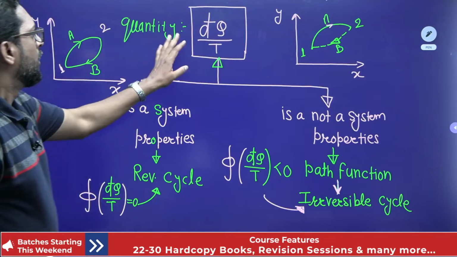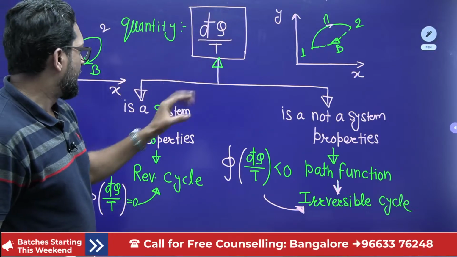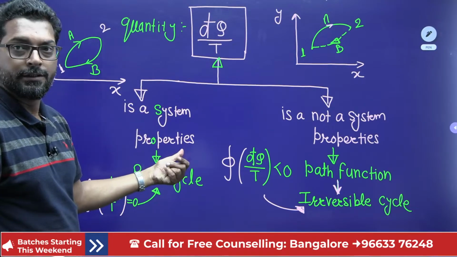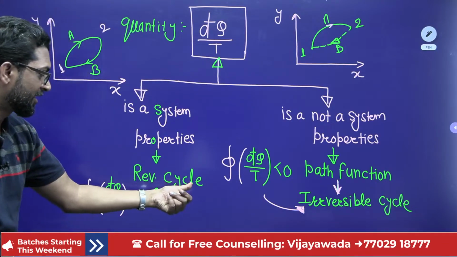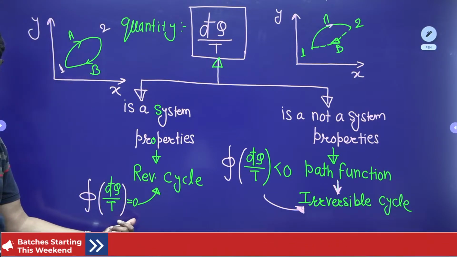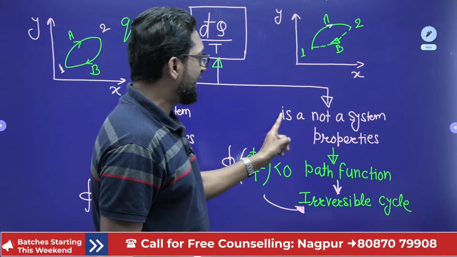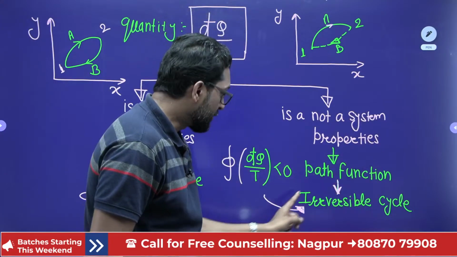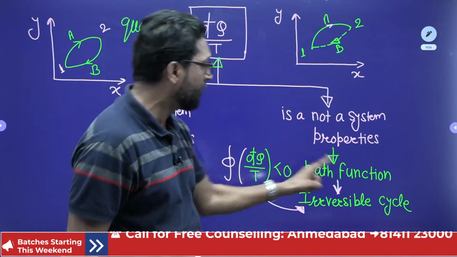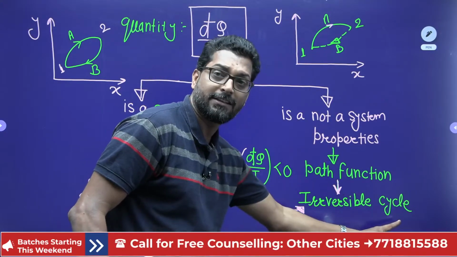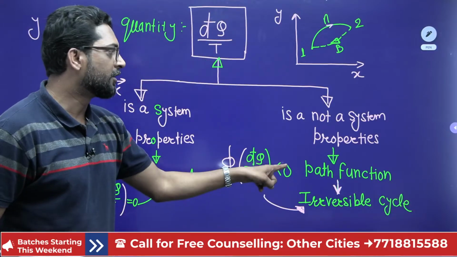Okay, now we'll discuss this quantity dq by T as a system property. dq by T is a system property when there is a reversible cycle. Why? Because cyclic integration is 0. dq by T is not a system property, that means a path function, that means different paths have different values, when there is an irreversible cycle. Why? Cyclic integration of dq by T is less than 0.